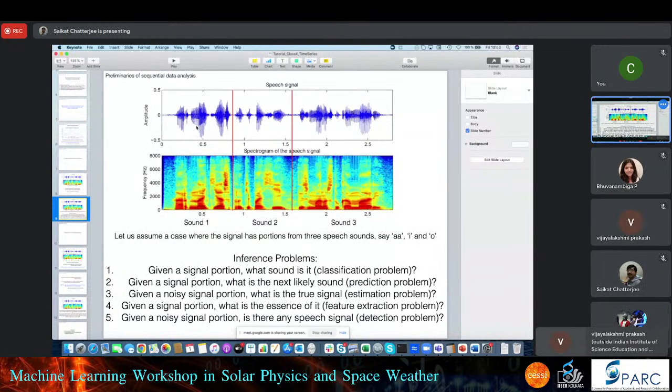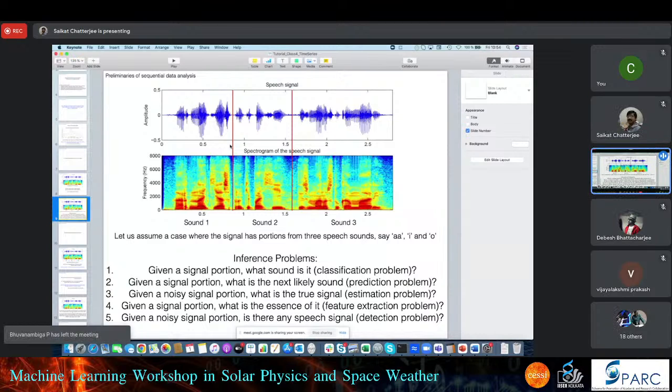Then, given a signal portion like this or this, if this is a 16 kilohertz speech signal, then for 1 second you get 16,000 discrete samples. You cannot really work with 16,000 discrete samples. And please note that today's speech recognition systems collect data over millions of people and many hours.